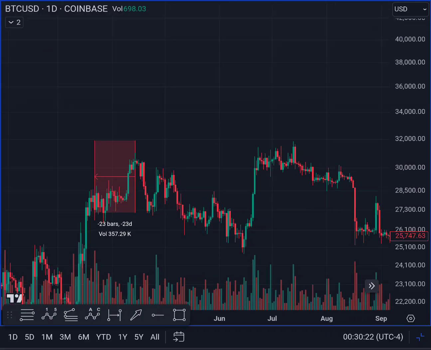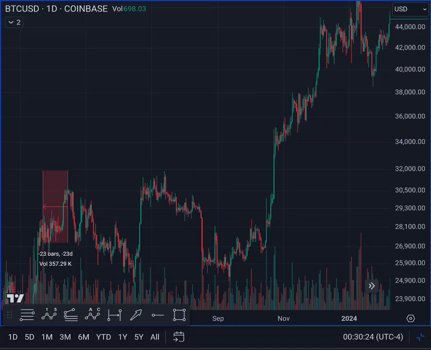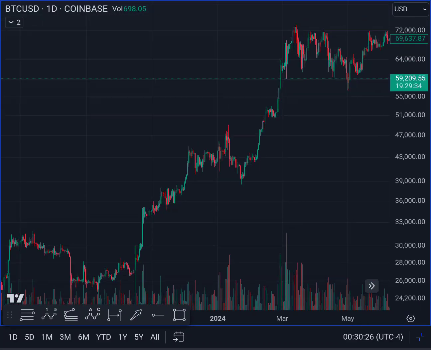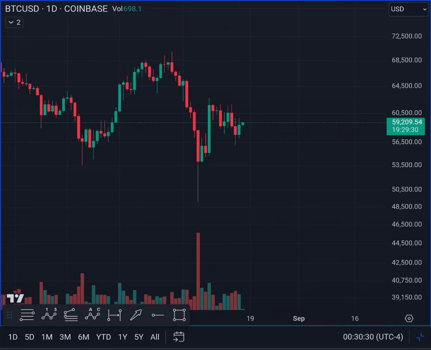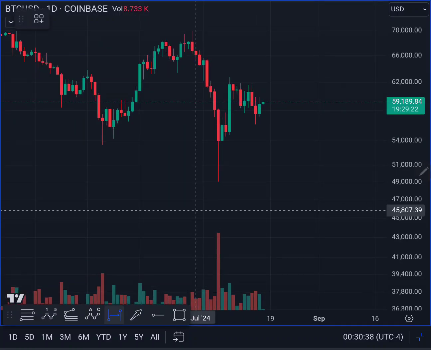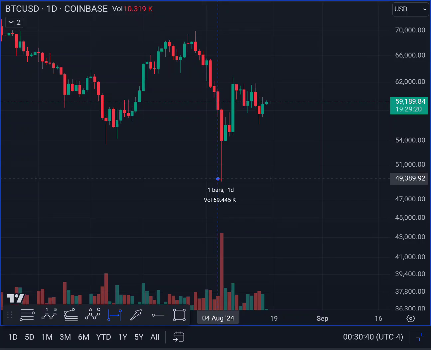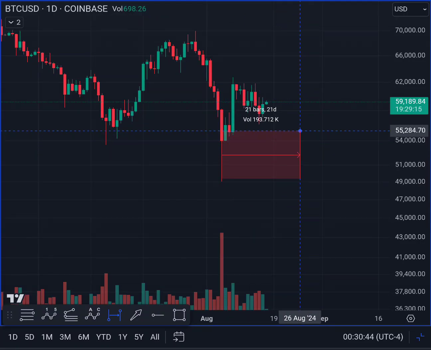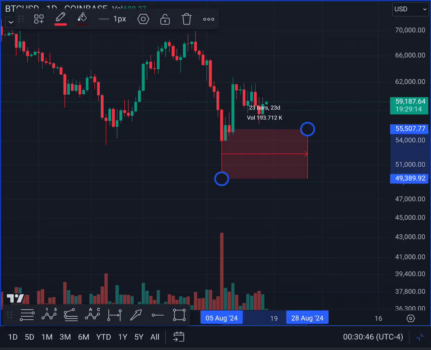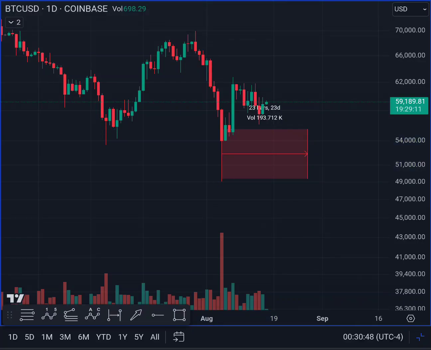So let's zoom into our current consolidation here, and we will take 23 bars from that low. 23 bars brings us to the 28th of August.